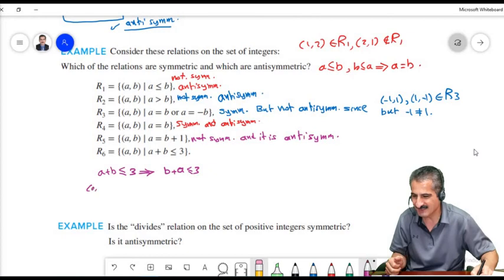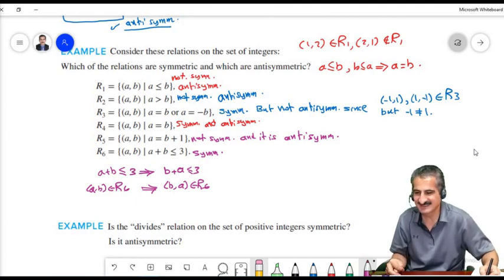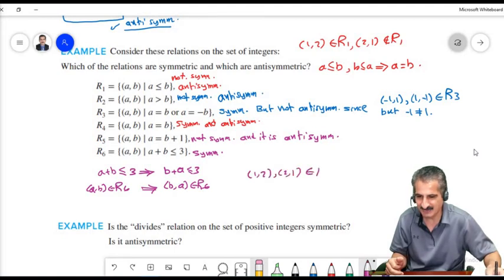That means AB belongs to R6, and that means BA belongs to R6. So this is symmetric. Is it antisymmetric? No, it is not antisymmetric. 1, 2 and 2, 1 belong to R6. So it is not antisymmetric. Okay, great.